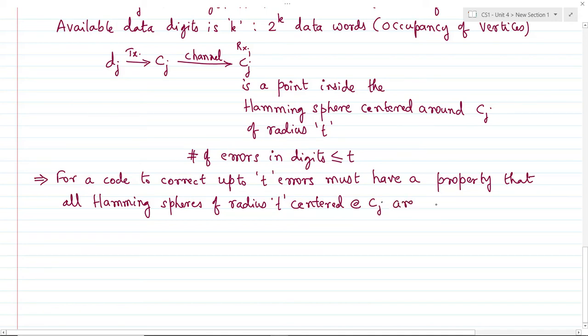Then only we can uniquely determine what is being transmitted. So this is one of the important properties of the error correcting code.